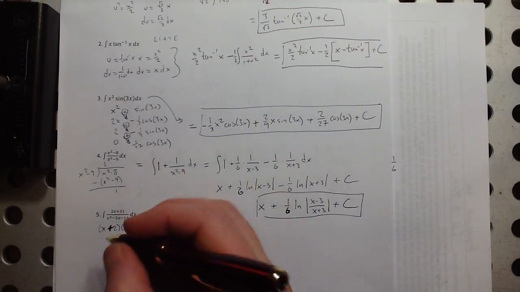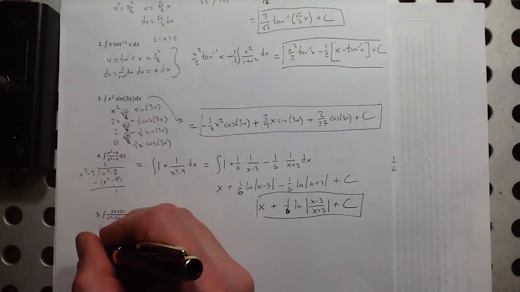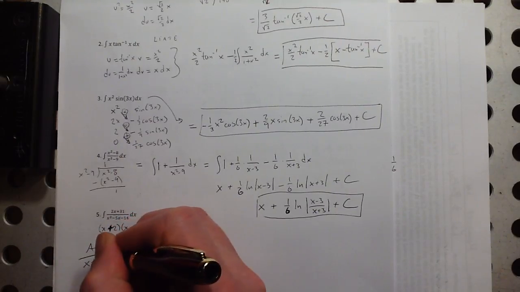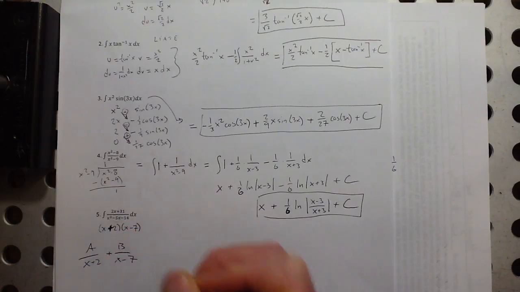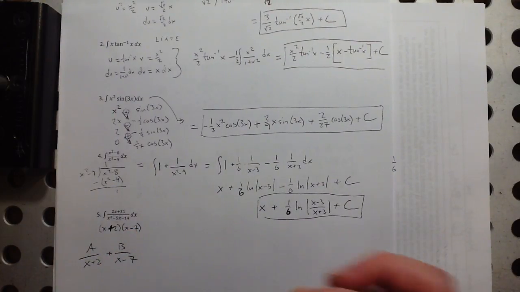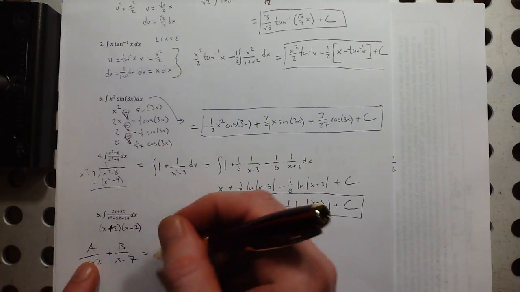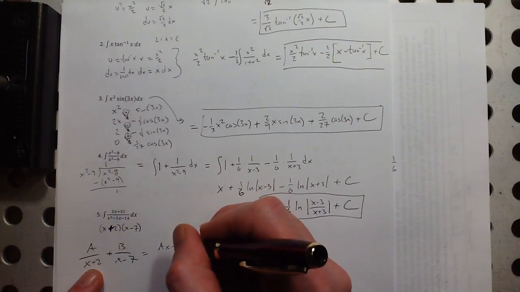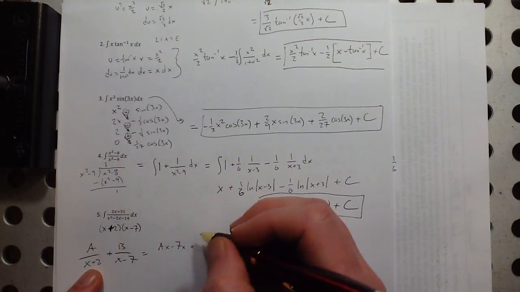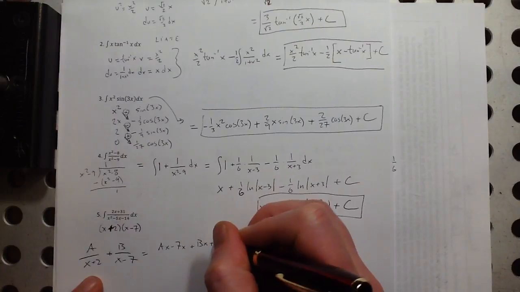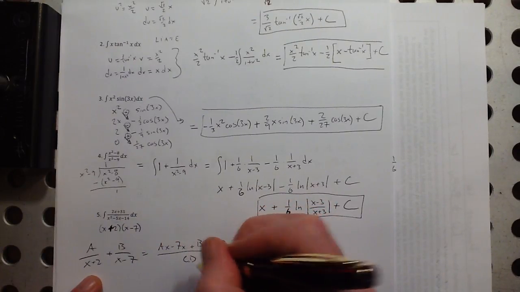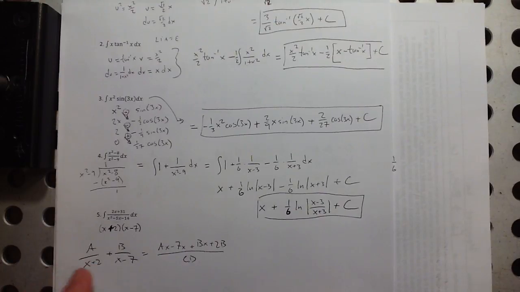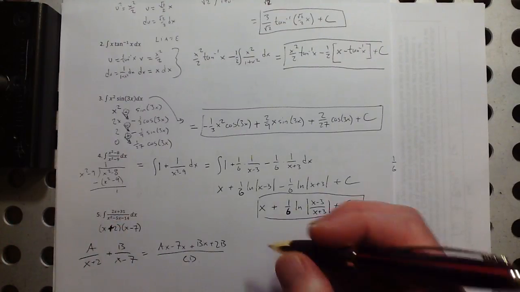Okay, so that means this is going to decompose into A over x plus 2 plus B over x minus 7. So that's Ax minus 7A plus Bx plus 2B all over the common denominator. I'm just not writing that out again, we know that it's that.